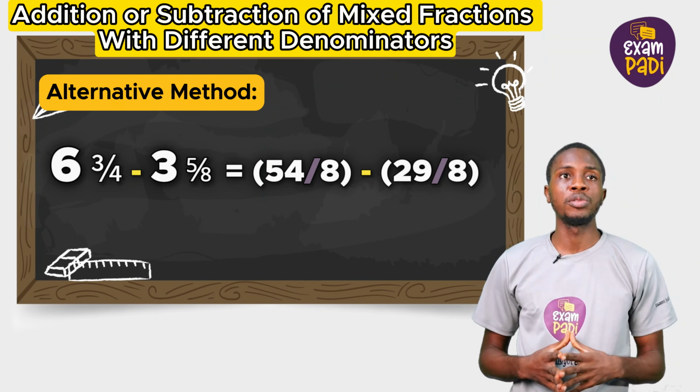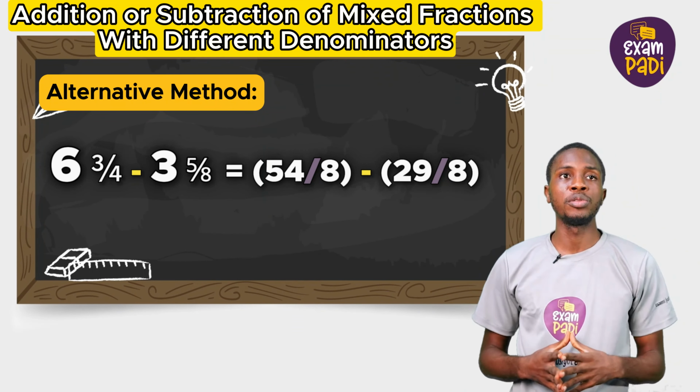Let's dive into word problems on addition and subtraction of fractions. Example 1. Dubem spends 1 over 3 of his pocket money on clothes and 2 over 3 on candies. What fraction of his pocket money did he spend altogether? Solution. The fraction of his pocket money spent on clothes is 1 over 3.